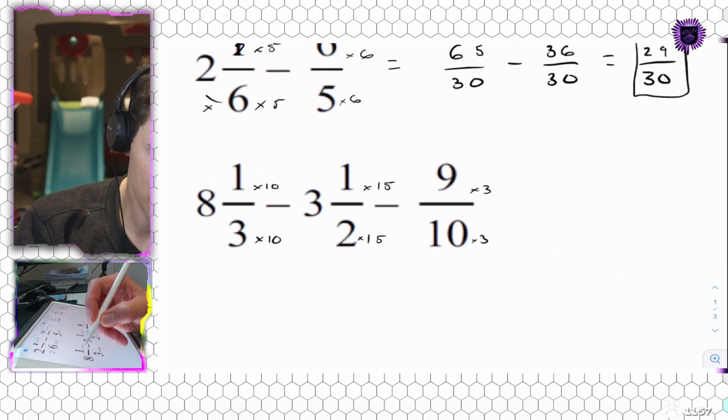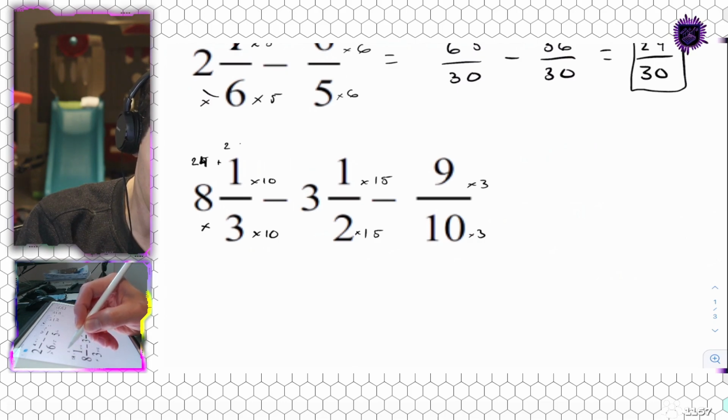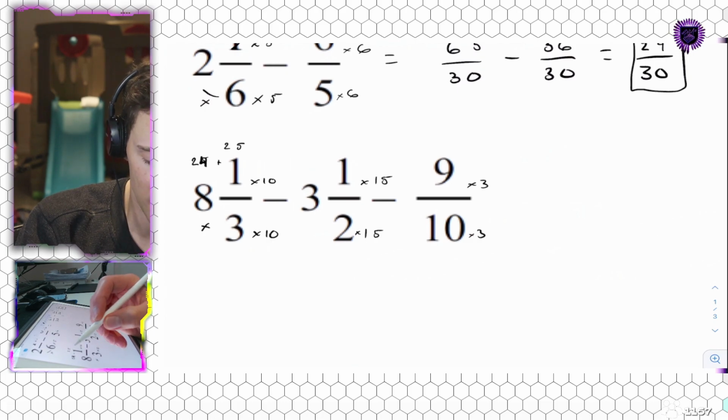This is going to be 3 times 8, 24, plus 1, 25 over 3. And this is going to be 3 times 2, which is 6, plus 1, which will be 7 over 2.